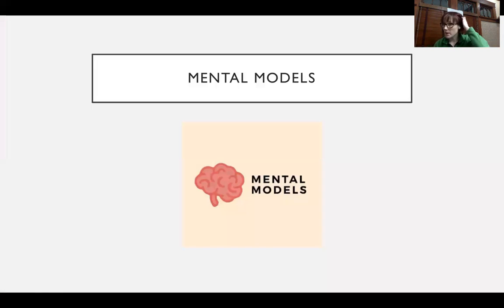I mentioned mental models earlier, so let's talk about mental models before we move on. When we bring teams together, it's critical that they have a similar understanding of things that they will interact with and work with. Now, I'm not just talking about tangible physical things, like do we all have the same understanding of what this tablet is? Do we all have the same understanding of the technology that we work with?